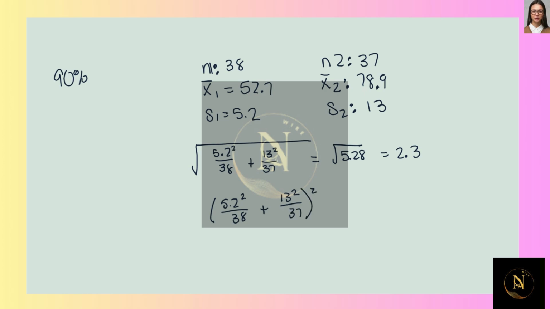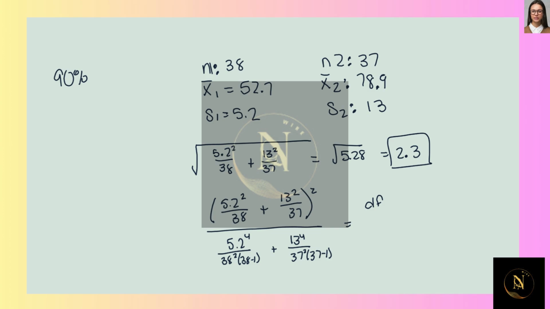You're going to square that, and then divide that by 5.2 to the fourth power over 38 squared times 38 minus 1 plus 13 to the fourth power over 37 squared times 37 minus 1. Okay, and you're going to get a degrees of freedom of 46.98.